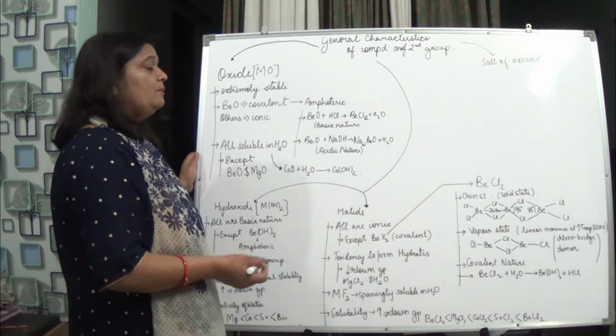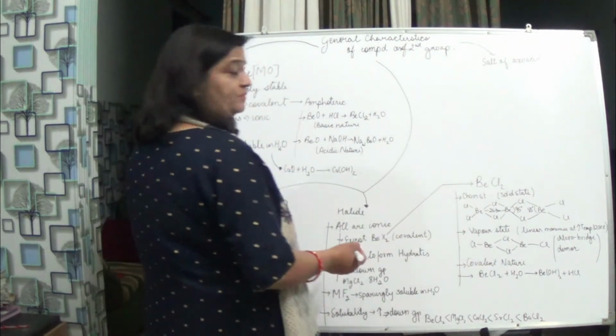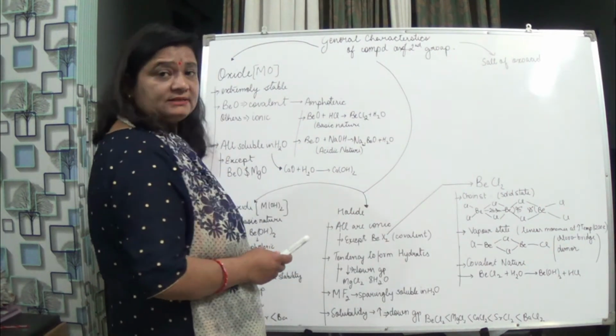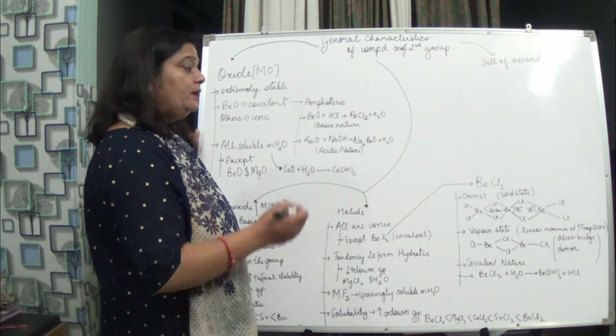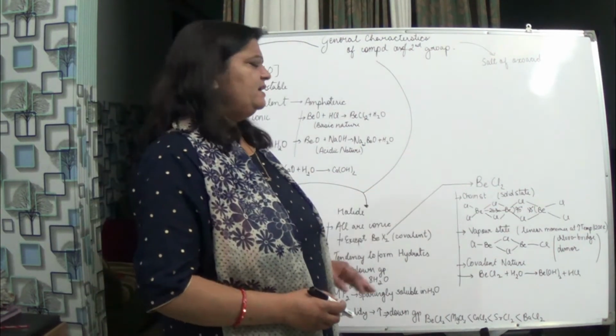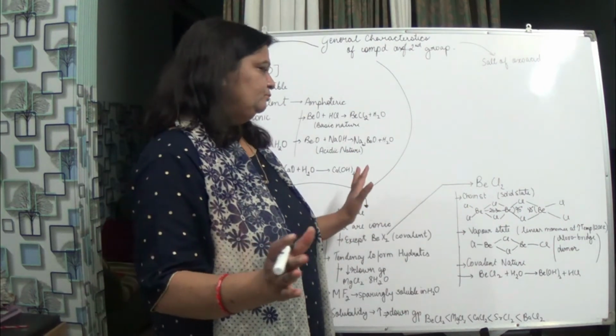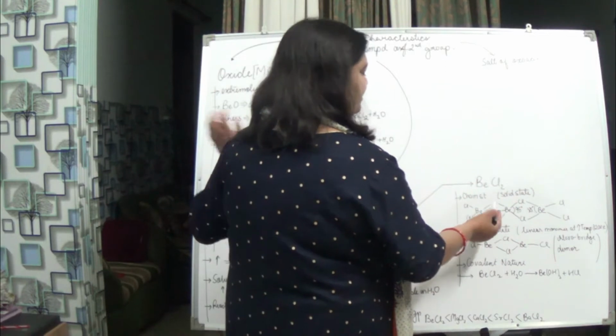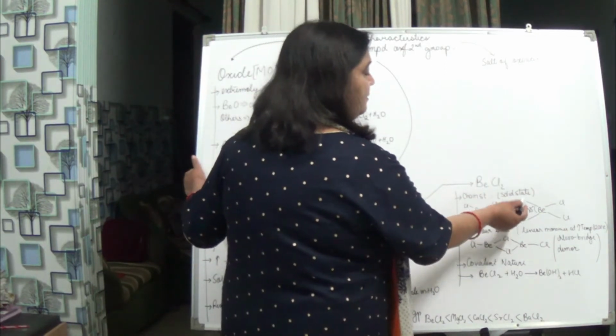When beryllium reacts with chlorine, it forms BeCl2, that is beryllium chloride. When we talk about this beryllium chloride, in solid state you can see a chain-like structure, with the beryllium arranged in this pattern.